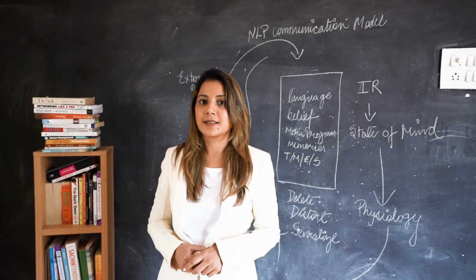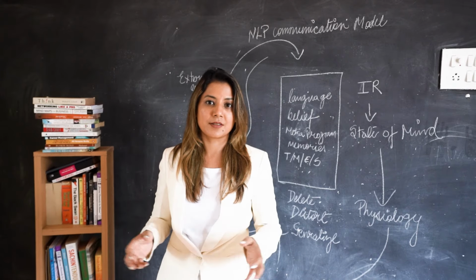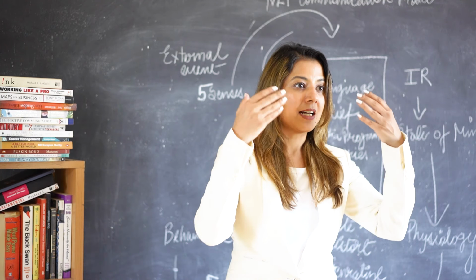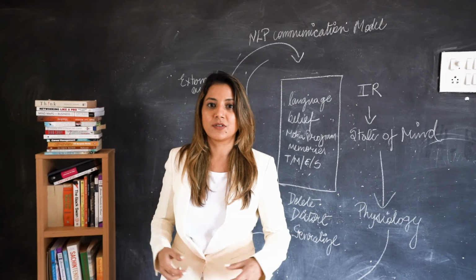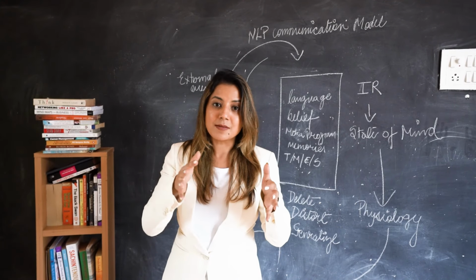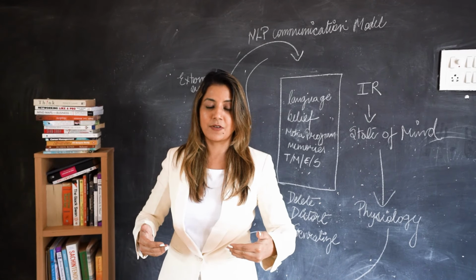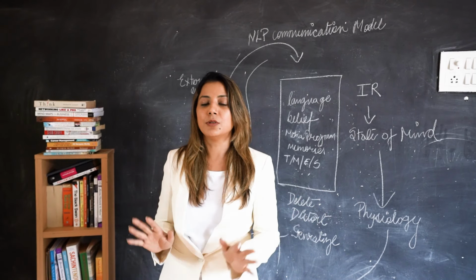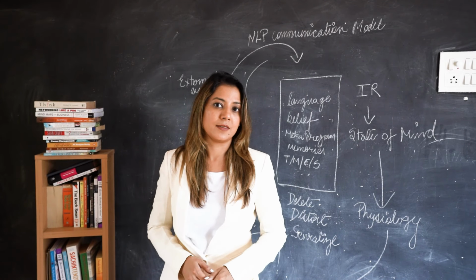It also says that we are map creators. We create maps inside us. We create patterns, and those unique patterns create a filter in front of our eyes through which we see the world. Each one's filter is so different.